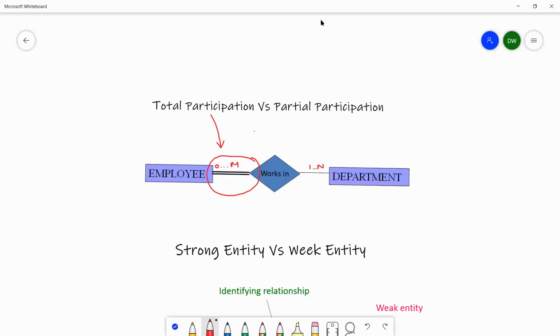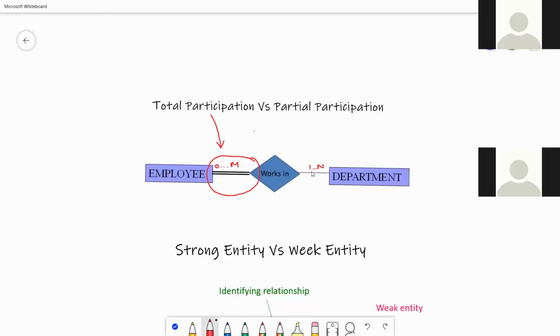And this side, 0 or more, right? So 0 can be there, but for this side, at least one should be there. So when we have at least one on this side, we have to mark total participation here, because what we mean by this is there should be at least one department for employees. So that means each and every employee must work in a department, right?